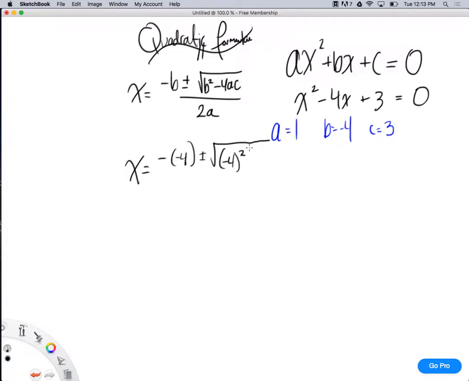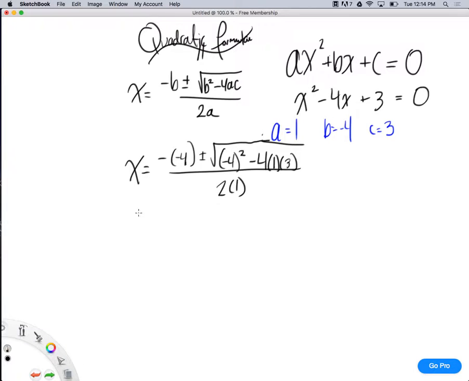And this will always be positive. Why? Because no matter what, if a number is negative or positive, the square of that number will always be positive. Minus 4ac, 1, 3, all over 2a. So 2 times 1. And then I simplify.